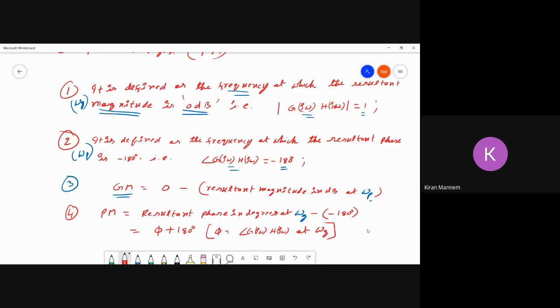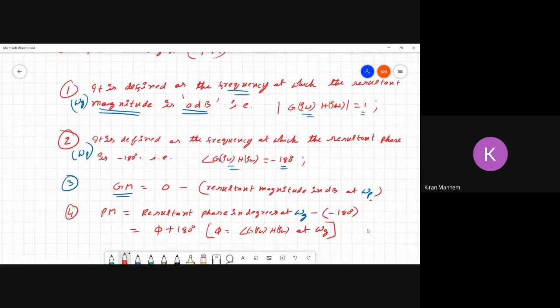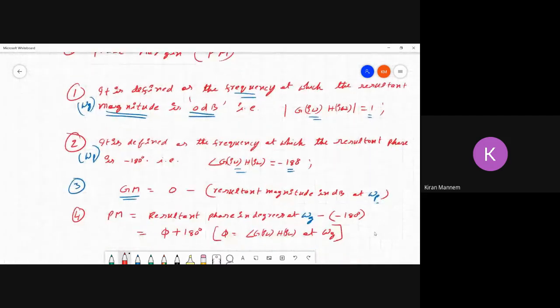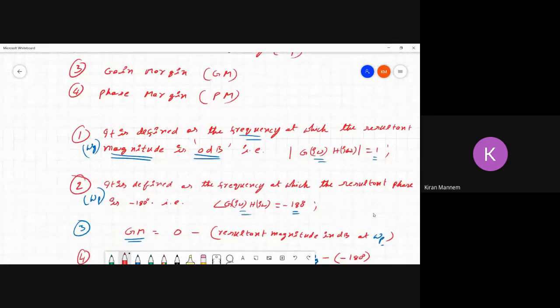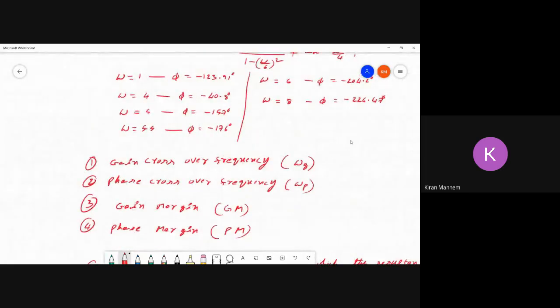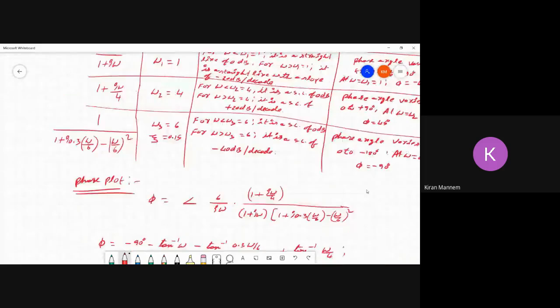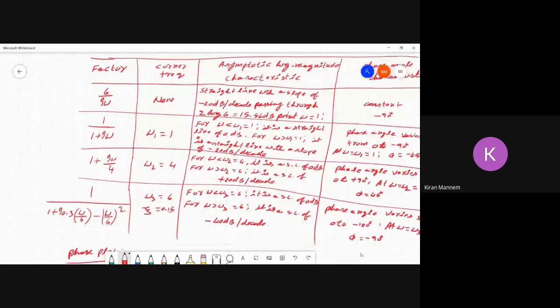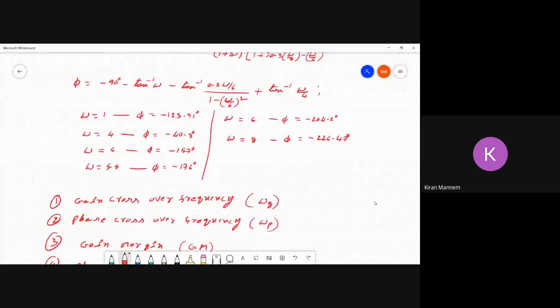Let us look at our example number 1. We completed the theory part of the Bode plot till this point. We got a few more definitions here, we have phase angles, and then statements of the magnitude plot. Based on all these points, let us quickly draw the Bode plot.